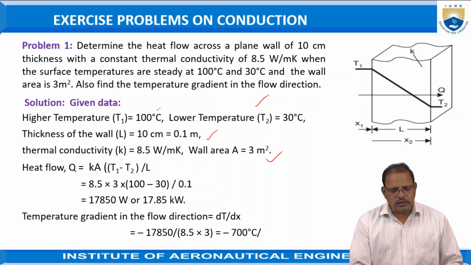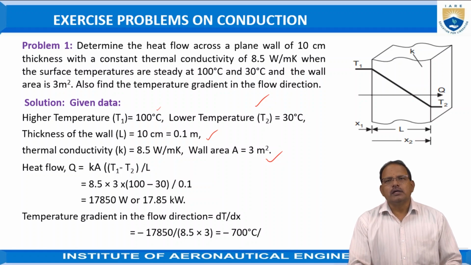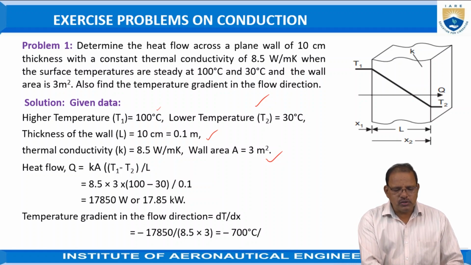Okay, according to the conduction process, Q is equal to K into A into T1 minus T2 divided by L. By using this relation, K is equal to 8.5, A is equal to the area of the cross section, 3, and 100 minus 30.